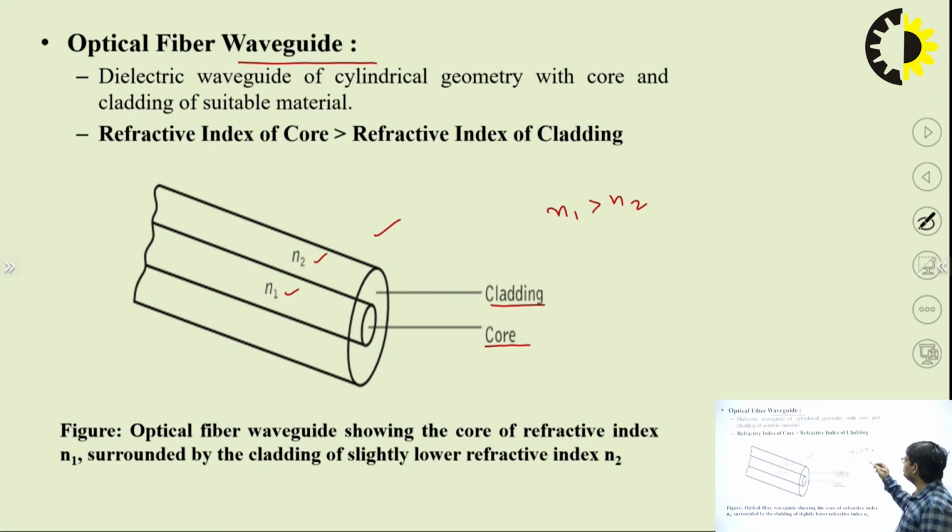Refractive index is the property of the medium or material, where we compare the velocity of the signal in vacuum to that in a specified medium. On the outer layer, for protection purposes, we may provide the coating, but the most important requirement for optical communication is that the inner layer core must have a refractive index greater than the refractive index of the cladding.